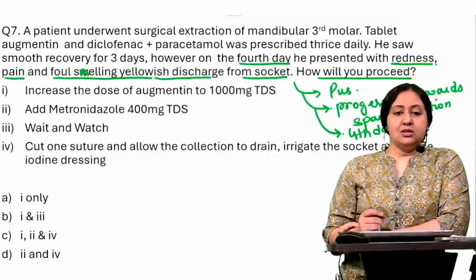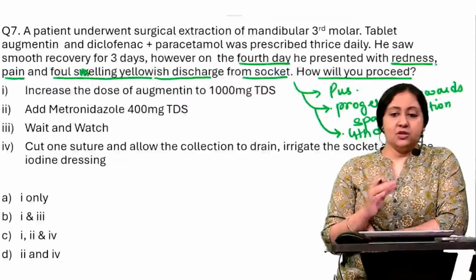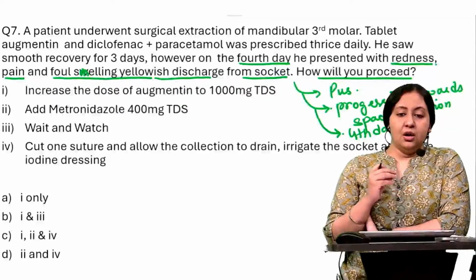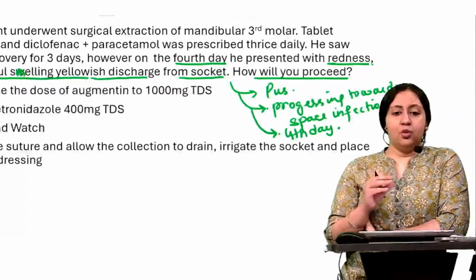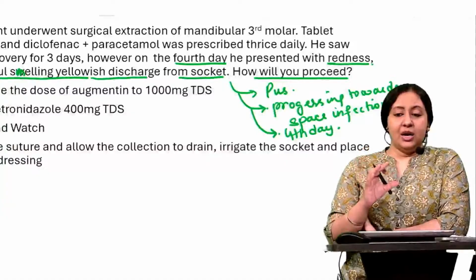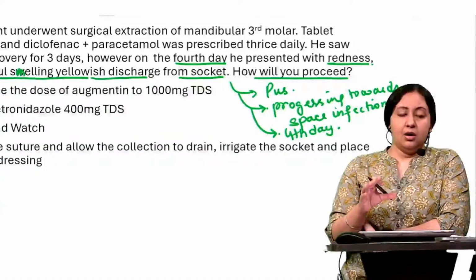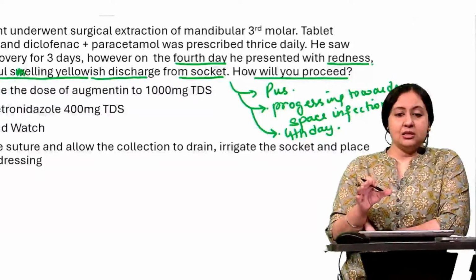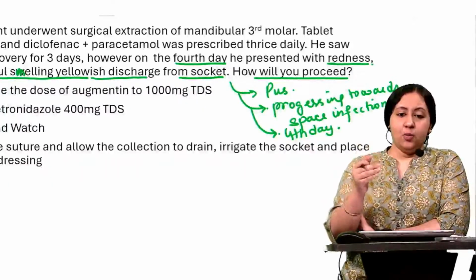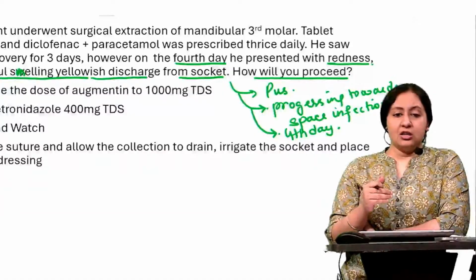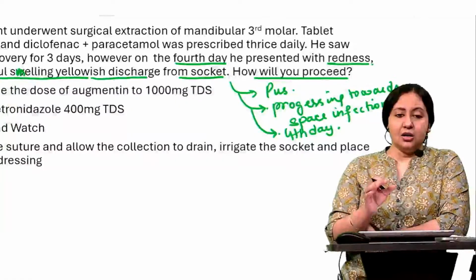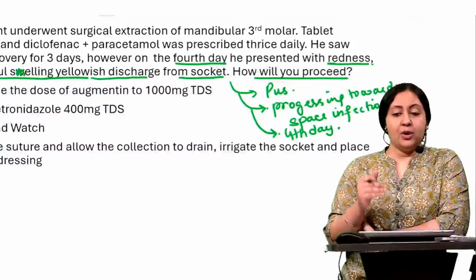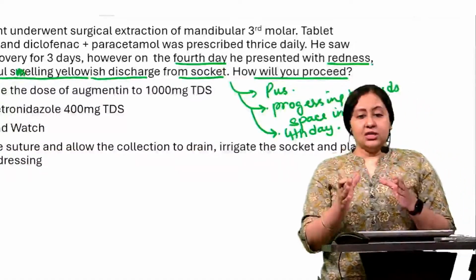What has happened is, if we see the causative organisms of orofacial infections, or any infection of the orofacial region, we always find mixed flora and fauna. When I say mixed species present, that means there are aerobic as well as anaerobic organisms present, and both are responsible for causing infections.